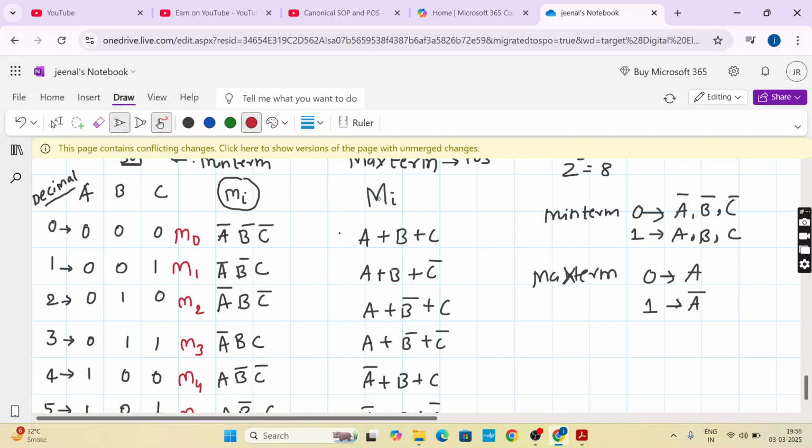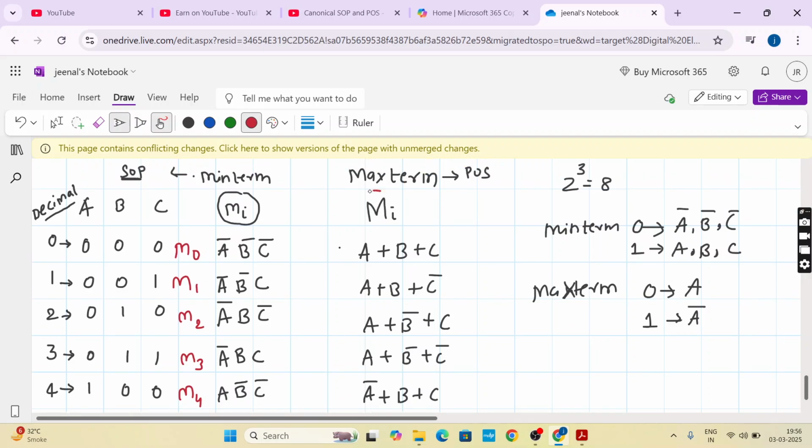On the contrary, a maxterm is represented as a capital M suffix i. So capital M remains as it is, and suffix i denotes the decimal equivalent. Since it is a product of sums, a term of a product of sum equation is called a maxterm.